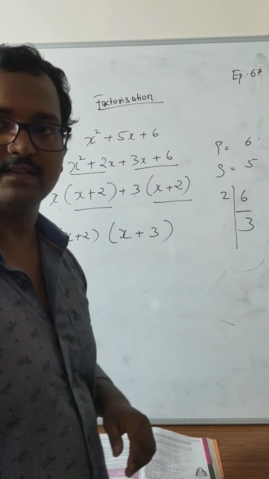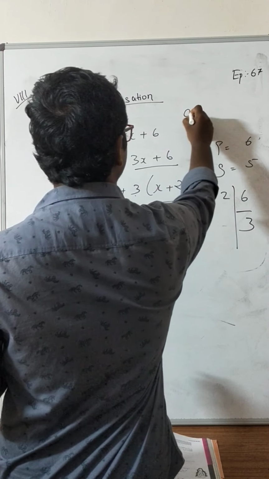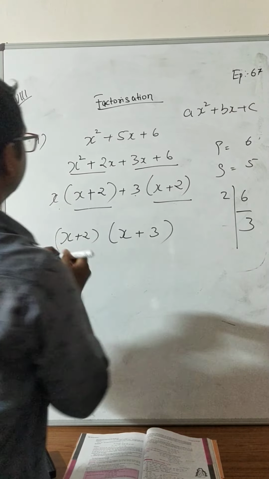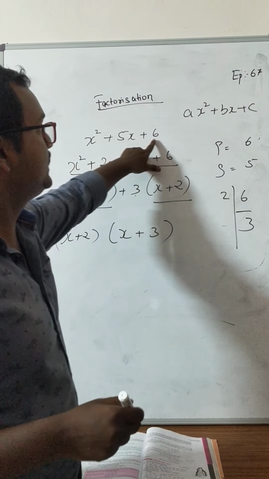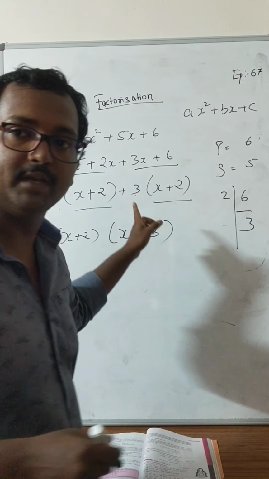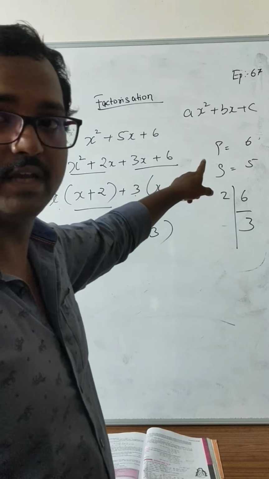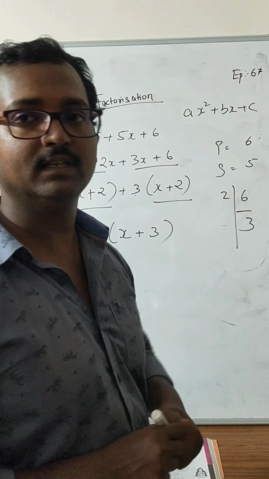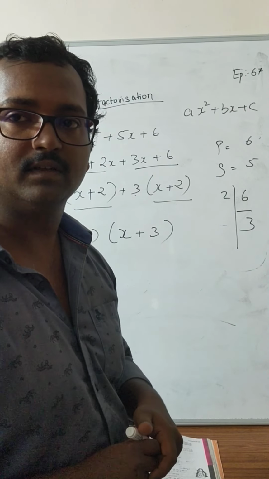This is how factorization is done when it is of the form ax square plus bx plus c. Here a is 1, b is 5, c is 6. When it is of this format, you have to take product and sum, use the product to split the middle term, then take common, and finally you will get the factorization done.